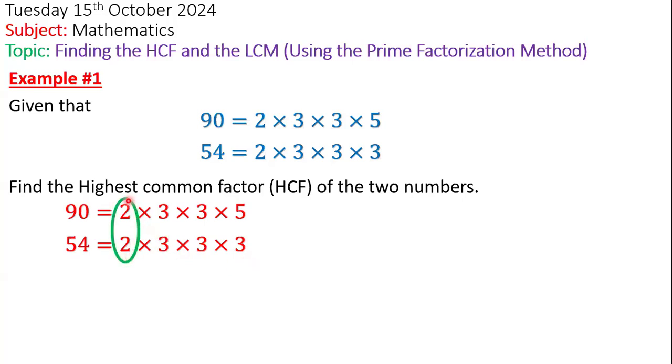What else is common in both? 3. Another 3 is common in both. That's it. Are there any other common prime factors? No.